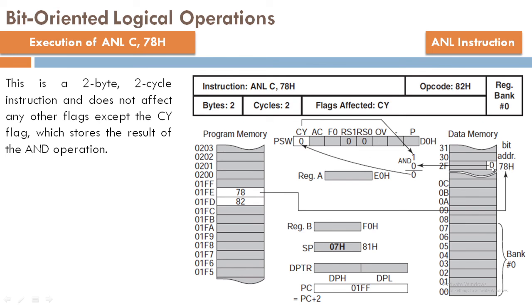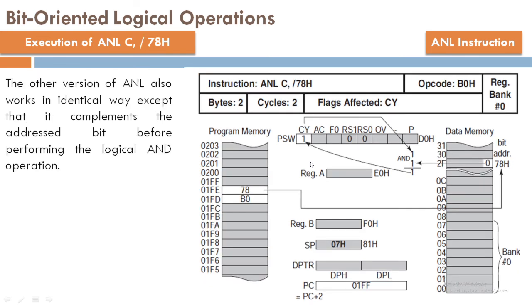The 78 is the bit address, so the content here is 0, and the previous content of CY was, say, 1. So that 1 and the content 0 will get ANDed, and the result is 0. It will be stored in the carry location. Similarly, here we are doing the complement part of it.